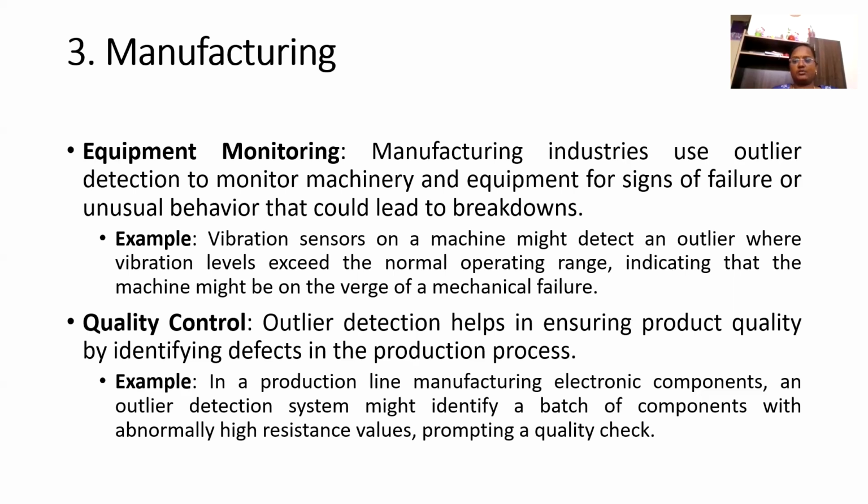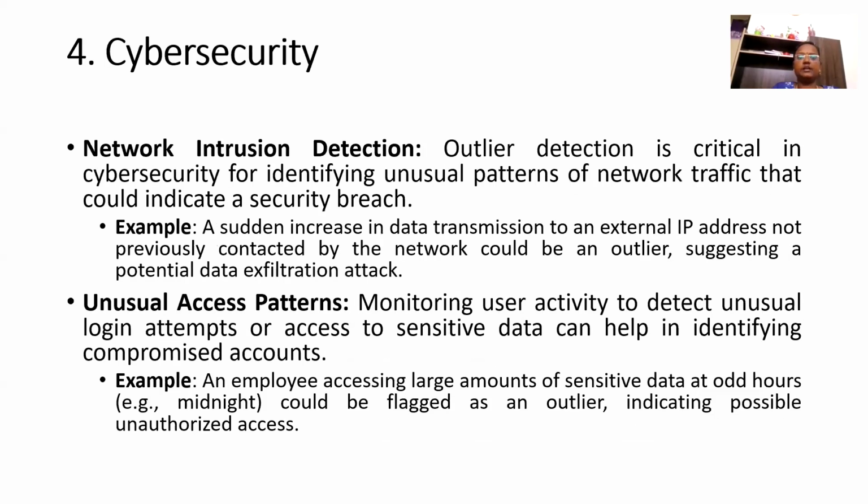Then quality control: outlier detection helps to ensure product quality by identifying defects in the production process.